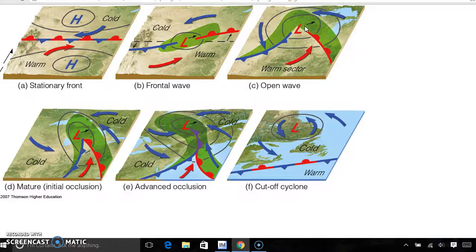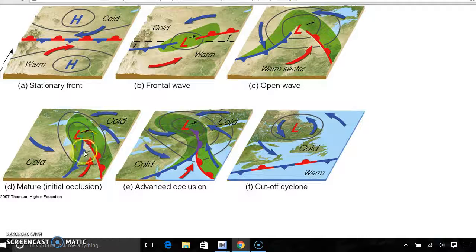Now, the cold front, since it's moving faster than the warm front, is going to start closing the gap between them in what's called, excuse me, on this diagram, the warm sector. So this starts closing up, and the cold front starts catching up to the warm front.